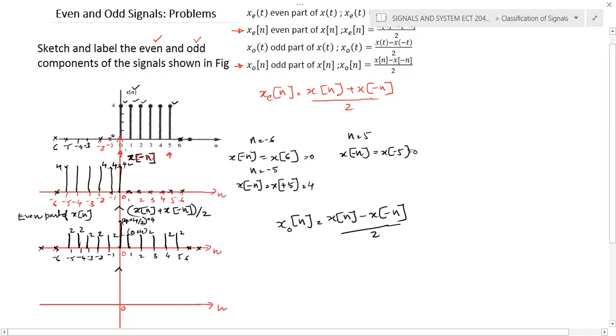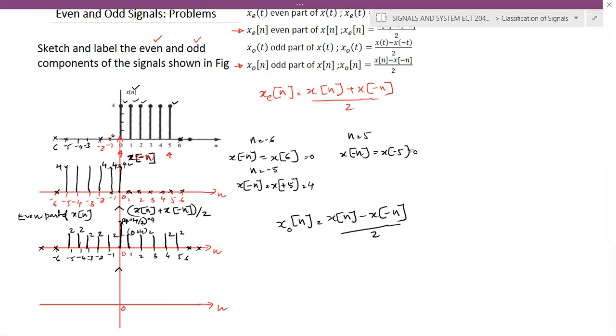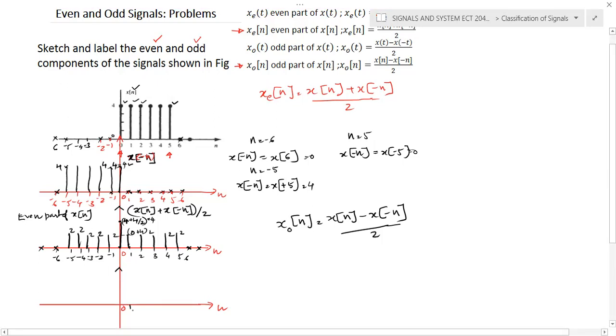So here you can see x of n, and now we need to plot the value at n is equal to 1, 2, 3, 4, 5, and 6. Similarly, for the negative side, -1, -2, -3, -4, -5, -6. Now we need xo of n.